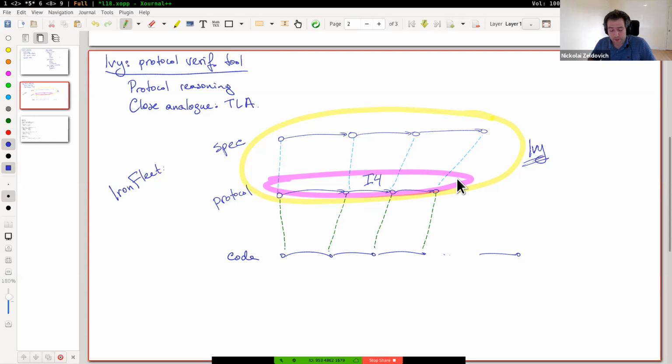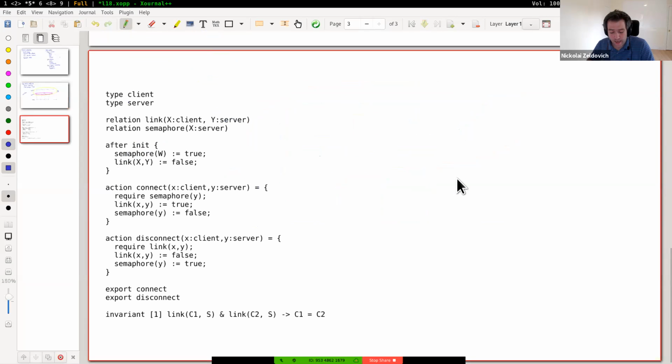So in order to get us a little bit more on board with Ivy, I wanted to look at a concrete, perhaps simple example of what Ivy is all about, because ultimately I4 is going to help us reason about Ivy code. So here's an Ivy example.